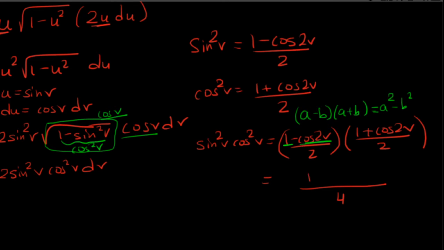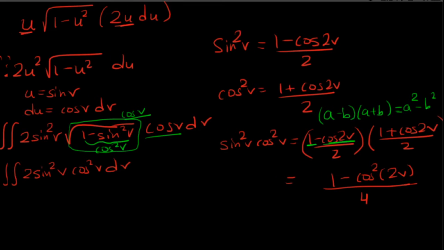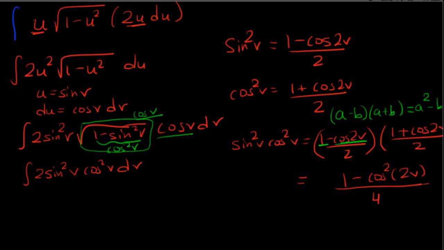So that would just be 1 minus cosine squared 2v. So we'll come back here and replace that. So we can bring the 2 outside. And then sine squared, cosine squared will be written as 1 minus cosine squared 2v over 4.